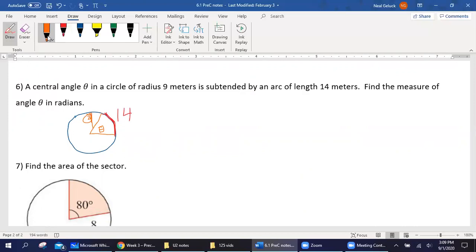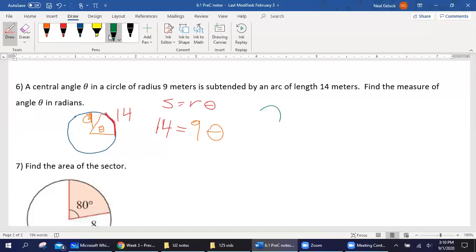So I'm still going to use the same formula that I've been using, S equals r theta. But this time I'm going to be solving for theta. So S in this case is 14. R was 9. And I'm solving for theta. So I just need to divide over 9.